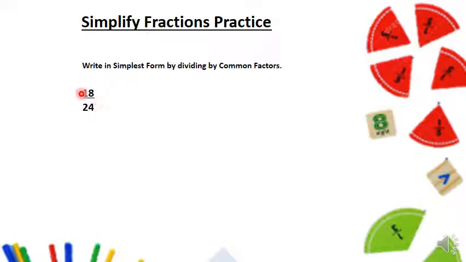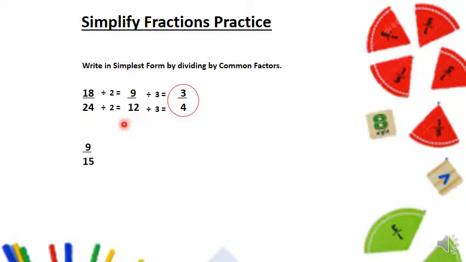Look at these two numbers, they are even numbers, so they are divisible by 2. Divide them by 2, you will get 9 over 12. Look again. Can we simplify this fraction more? Yes, we can divide it by 3. So the answer will be 3 over 4. This is the simplest form, 3 over 4.